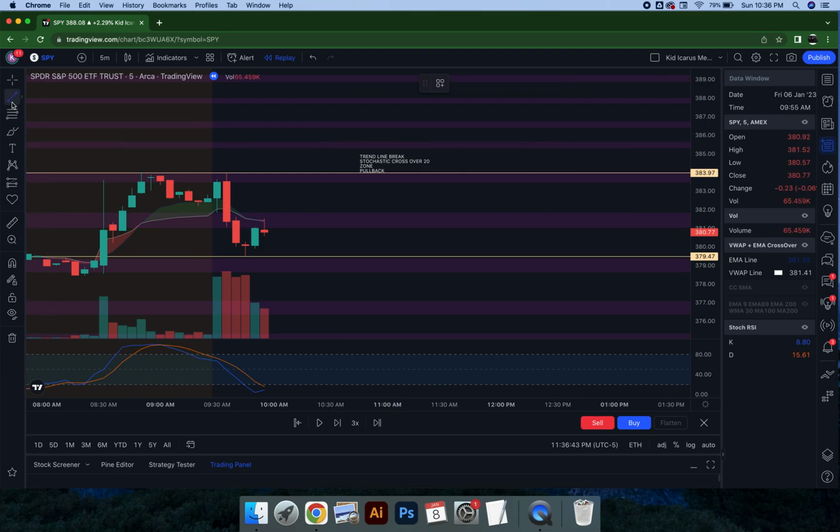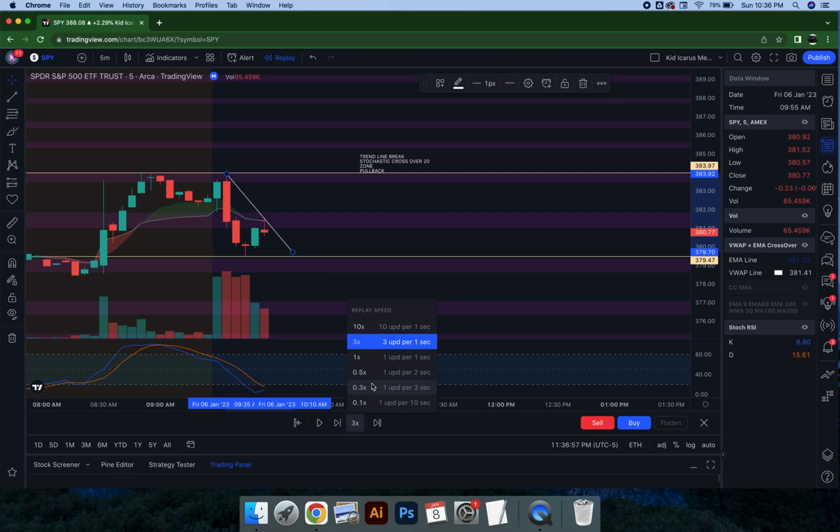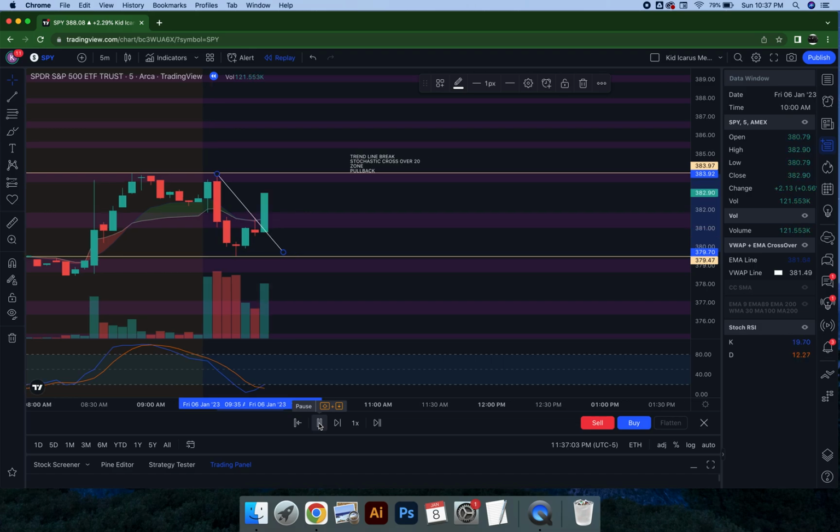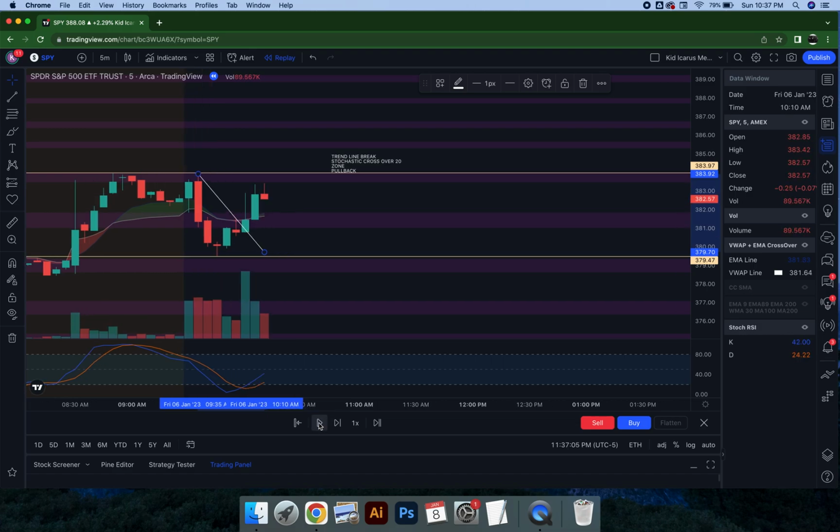As of right here, I'm going to go ahead and draw my trend line. So you can see if we're going down today, it's going to be going down right there. And I'm going to go ahead and hit play in our replay mode here and show you my entry. So check this out. Right here on this candle, we got all of those things.